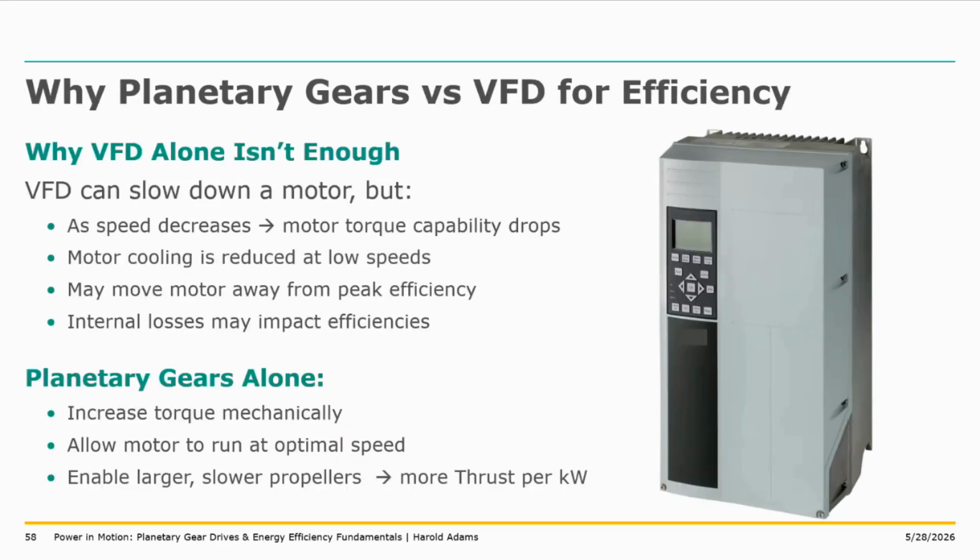Well, Harold, couldn't we simply use a VFD to slow our mixers down? Yes, that's certainly an option. But on average, you have a couple of different reasons why we may want to consider one or the other.